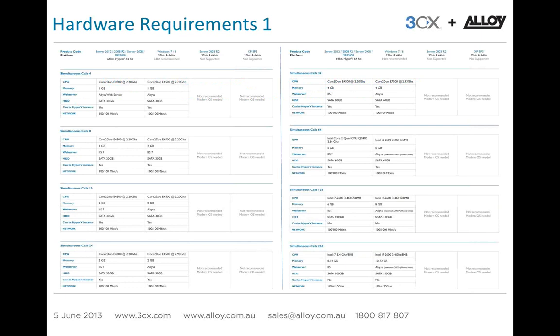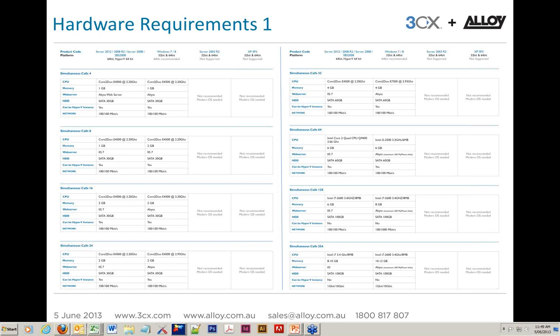Okay, this is just hardware requirements. You can get this report directly from 3CX, or we're more than happy to email it to you. Just ask Adam or Vincent, and we're more than happy to shoot this across to you.